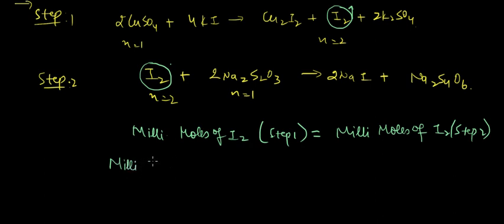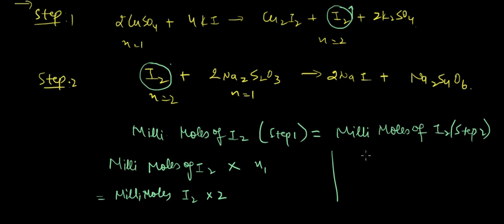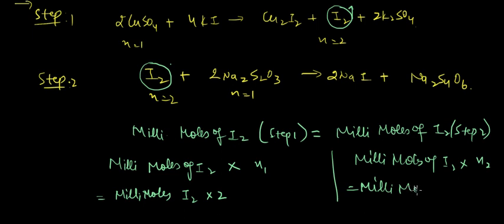If we multiply the millimoles of I2 in step 1 with the n factor of I2 in step 1, that is multiplied by 2, and if we multiply millimoles of I2 in step 2 with the n factor of I2 in step 2, we get millimoles of I2 multiplied by 2.